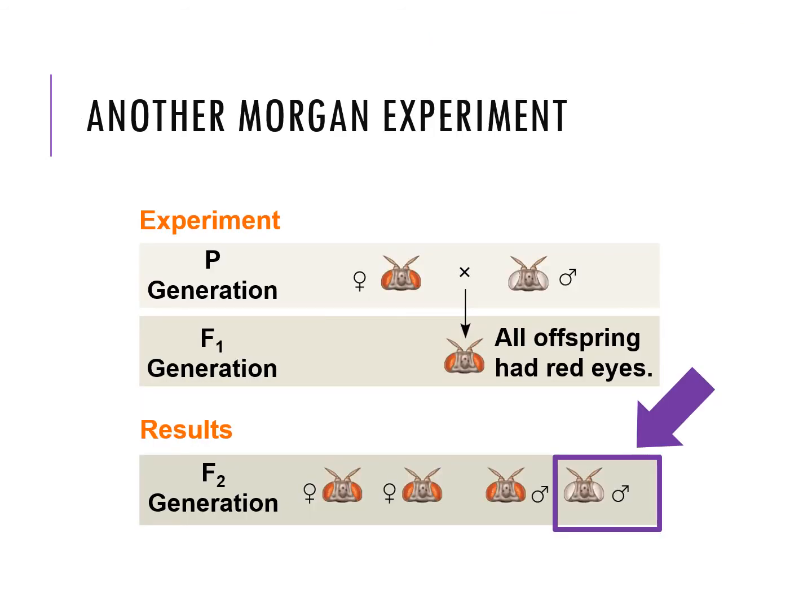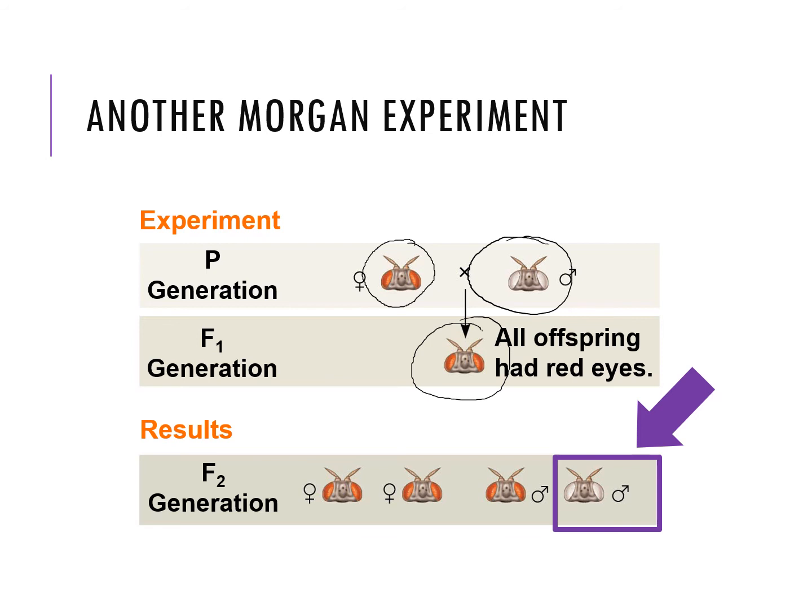So here we have another Morgan experiment, and in this experiment we're following eye color. We have a female with red eyes, cross it with a male that has white eyes, and not surprisingly we get an F1 generation that all have red eyes, kind of reminiscent of our purple flower, white flower pea plant experiment.